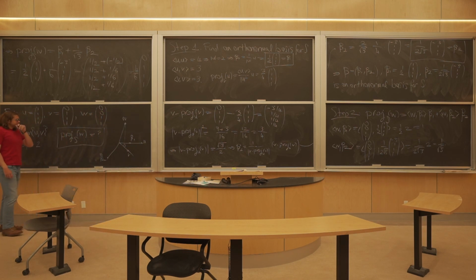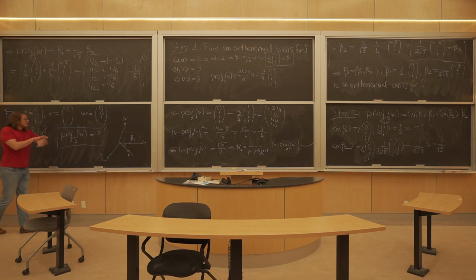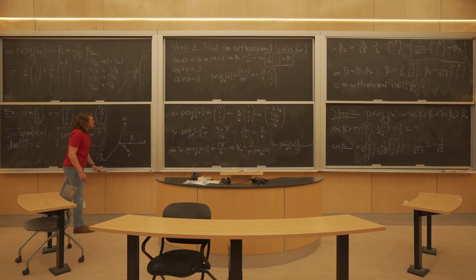Now I can go further, and I can say, now that I have U, V, and W, whatever is left from my W, so the difference between W and this projection, is going to be perpendicular to S, which would give me an orthogonal basis for the span of U, V, and W.